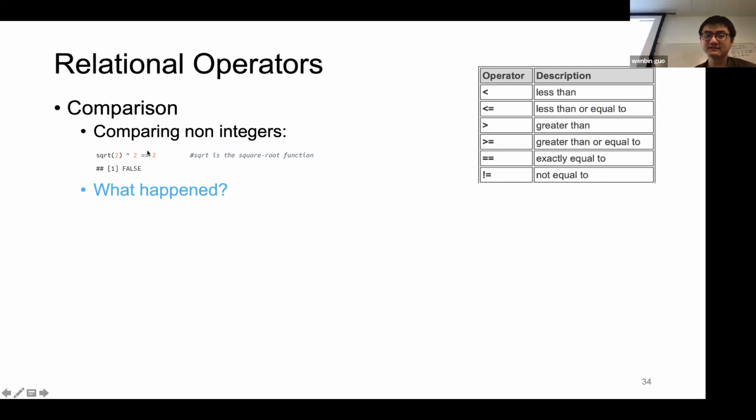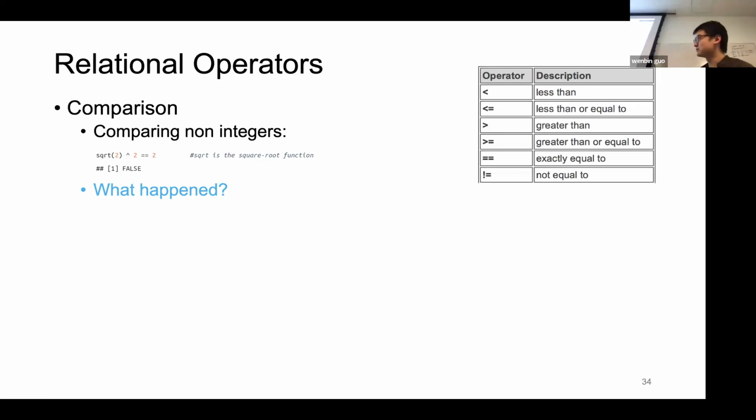Here is something I want to mention from before, when we talked about the representation of numbers in the computer: if we compute the square root of 2 squared and test whether the left-hand side is equal to the right-hand side, in theory we know they should be equal, right? The square root of 2, squared, should equal 2.